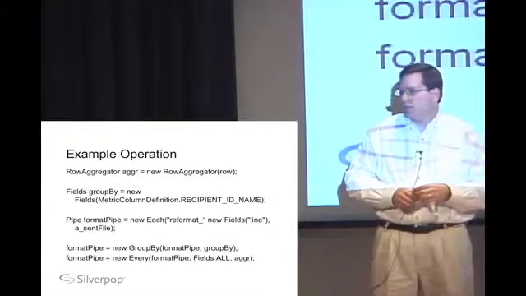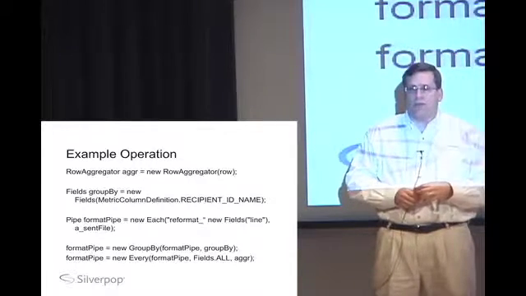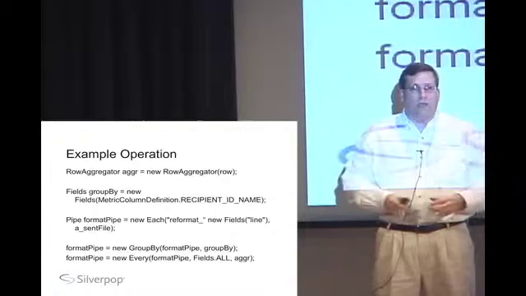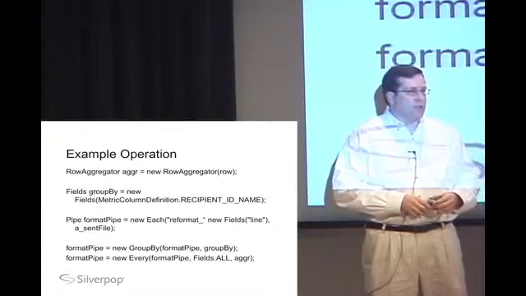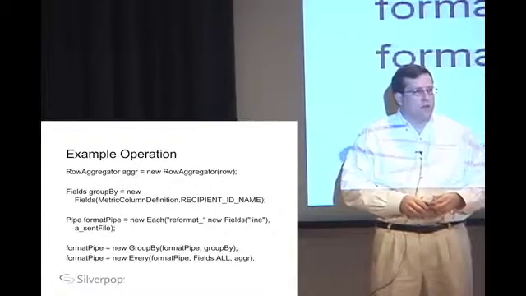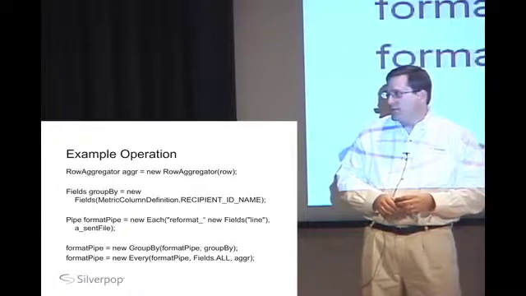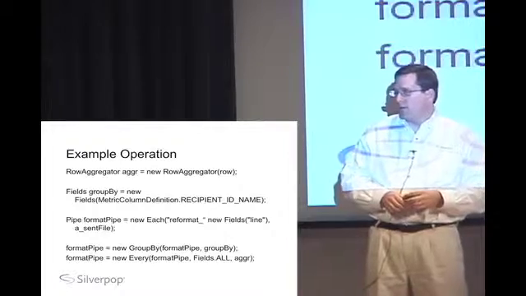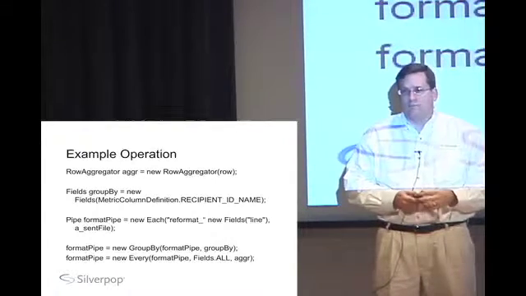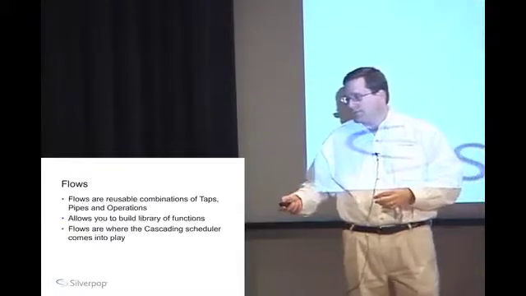As a developer, I'm not thinking that way. I don't have to think about how big do my lists need to be, how much data do I need, how much memory do I need to go ask operations for when they deploy this code. I just know that every time I get a new recipient ID value, I'm going to call this aggregator function, and I'm done. It's that simple.